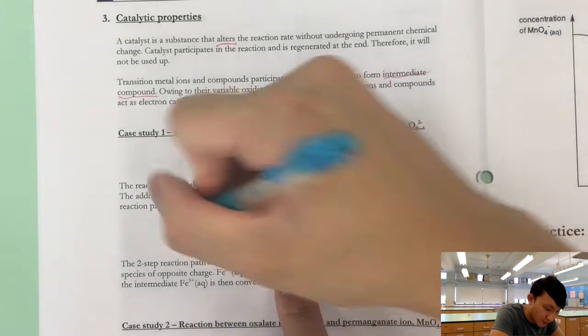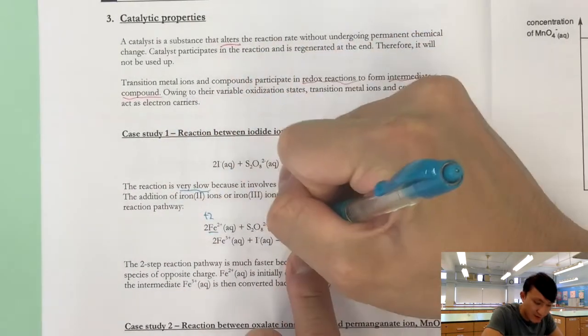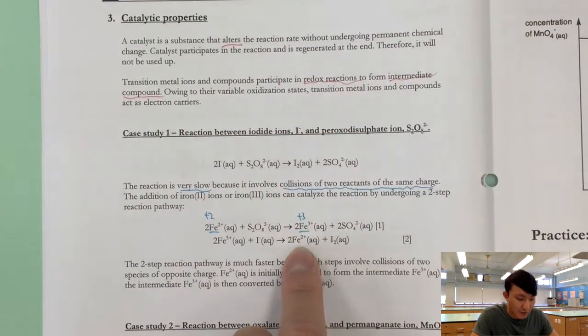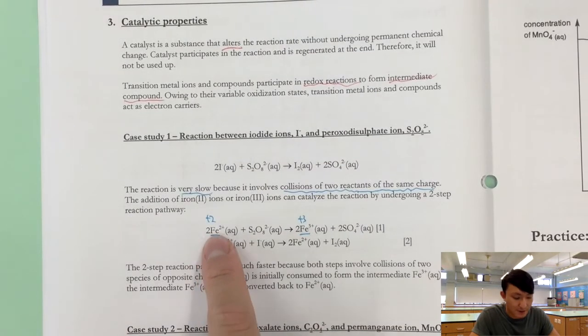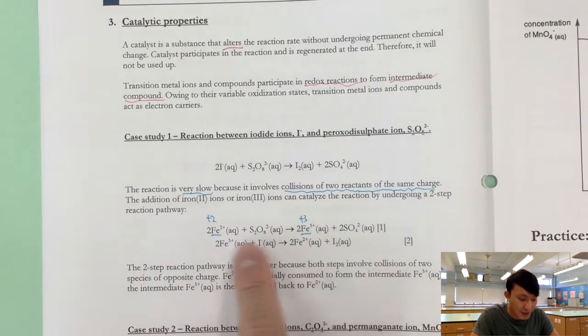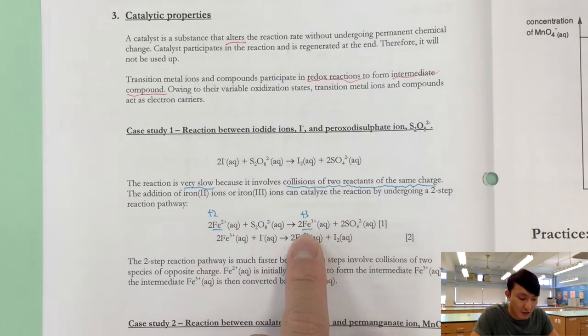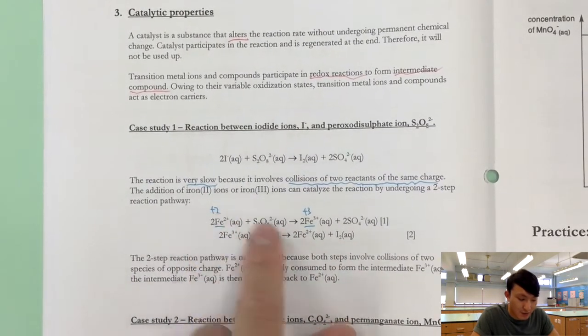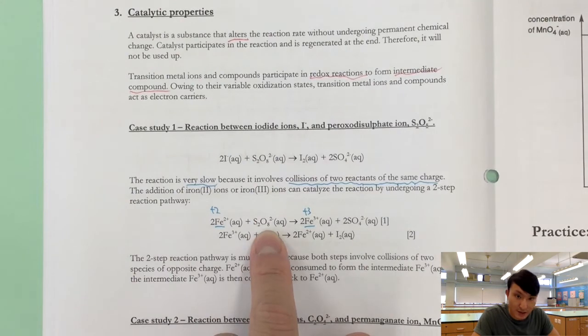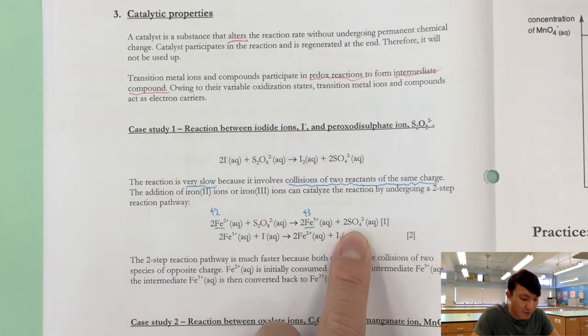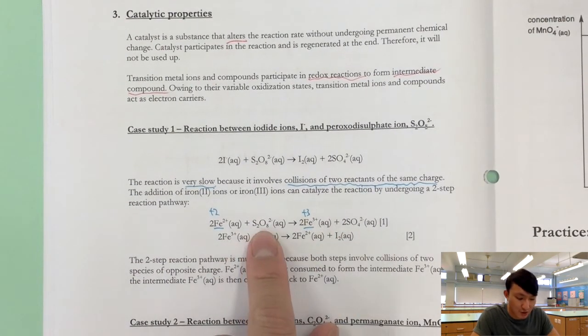Of course, from +2 to +3. Okay? So Fe2+ is oxidized. That means Fe2+ has lost an electron. When it loses an electron, the electron is given to the S2O8 2-, forming SO4 2-. Okay? So S2O8 2- is reduced.